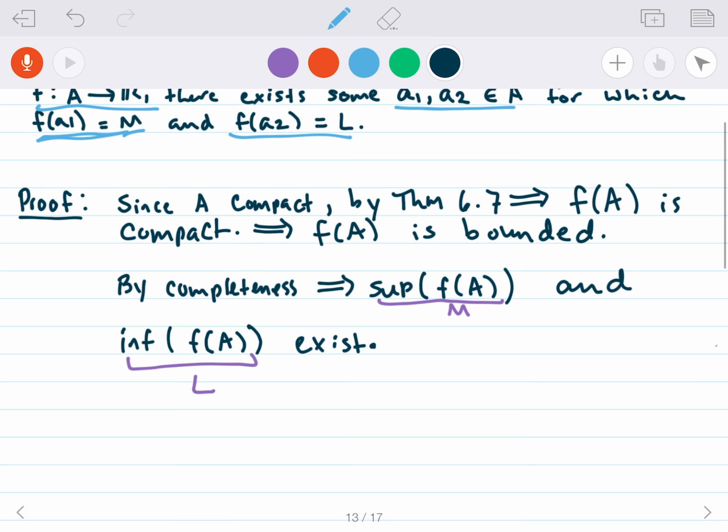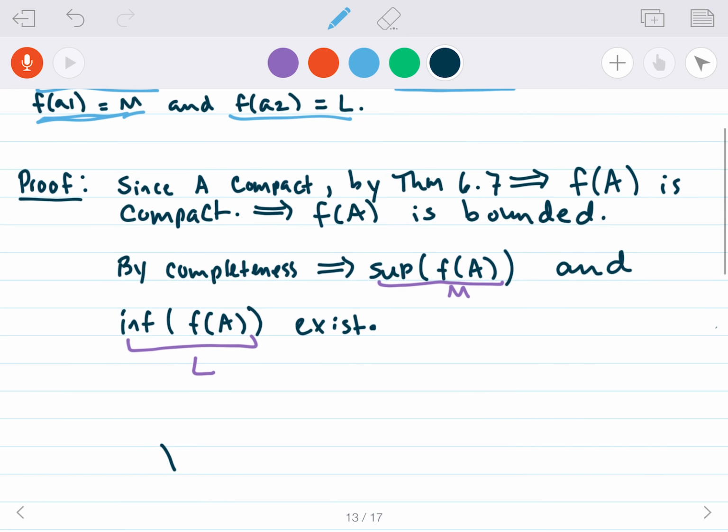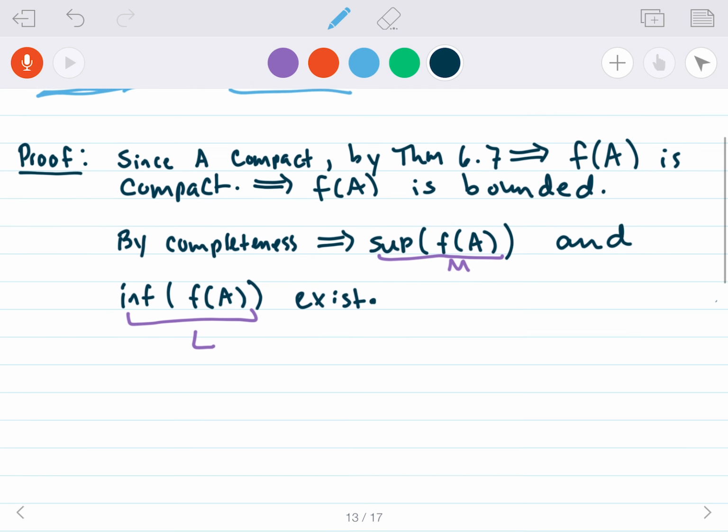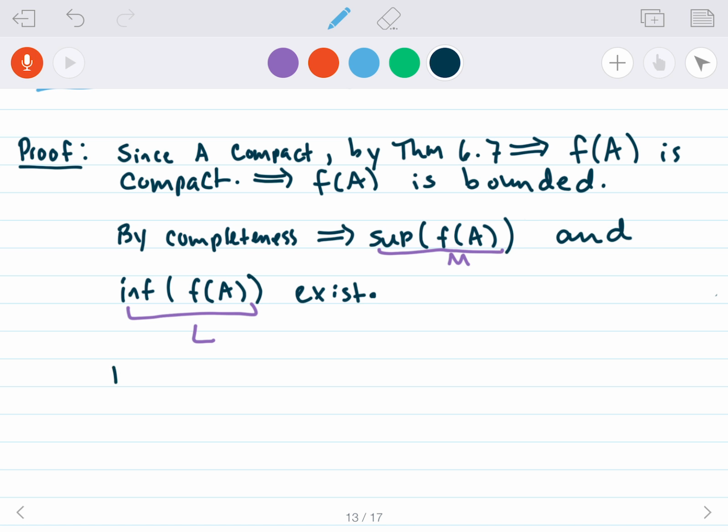All right, so what does this mean? Well, remember from a proposition that we looked at a while ago, it's proposition 3.29 in Cummings, that if we have a bounded set, there exists a sequence that is converging to the supremum and the infimum. Okay, so let's write that down.